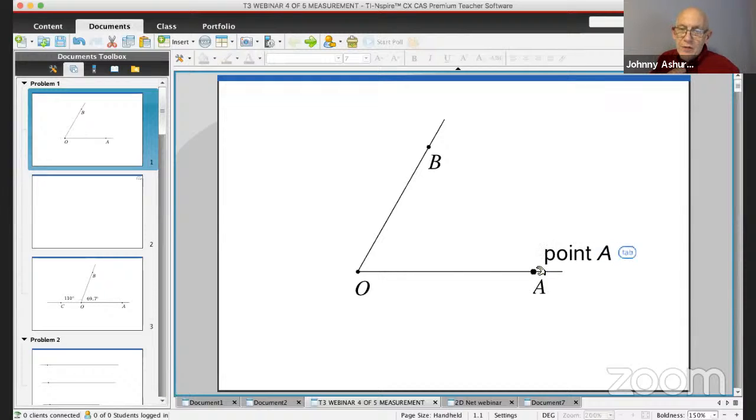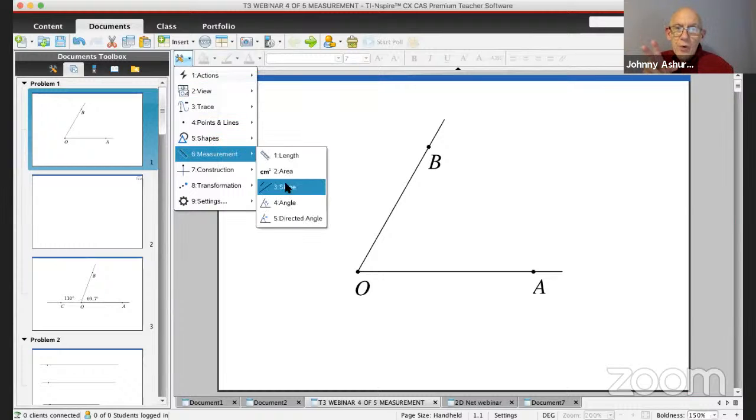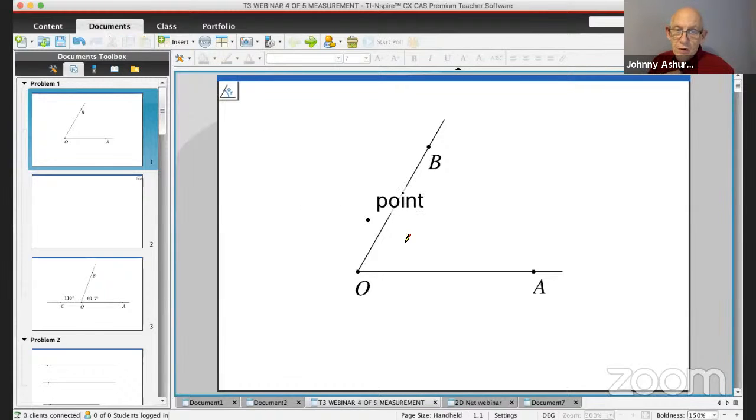I've labeled this angle as A, O, B, with O being at the vertex. And if we like, we can go ahead and do an angle measurement. And I'm going to do 2 angle measurements here.